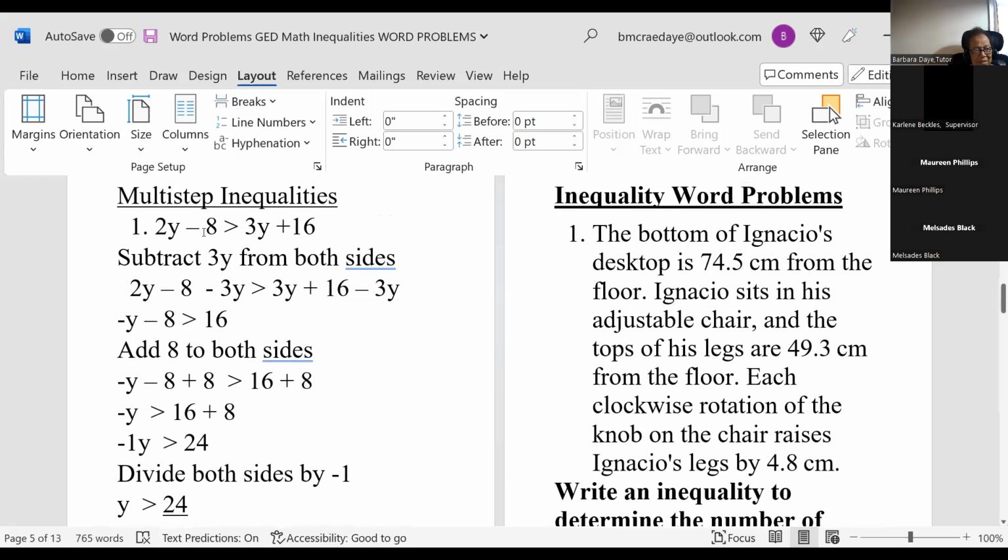No, subtract 3y from both sides, because I want to get my variables together. We want to get our y's on the left, so that means I've got to subtract the 3y from both sides. So all my y's will be on the left.